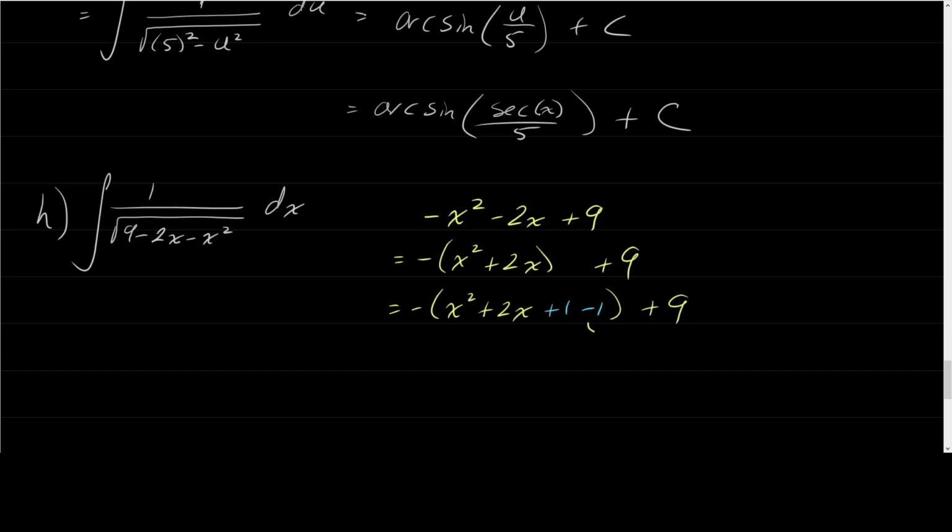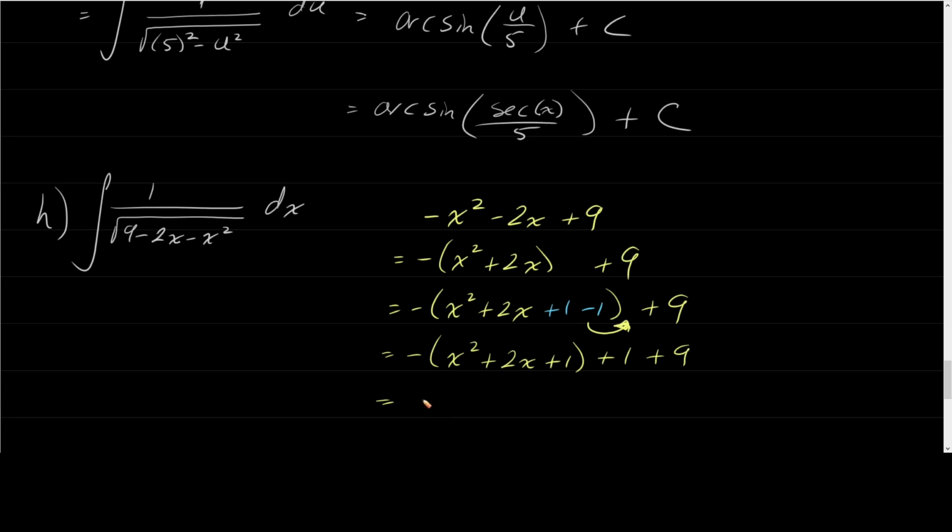Now I want to bring this negative 1 out, but it's inside the parentheses. So anything that's affecting the parentheses should also affect it. So I'm going to distribute that negative. So I've got the negative of x squared plus 2x plus 1, and distributing that negative to this, I end up with plus 1 plus 9.